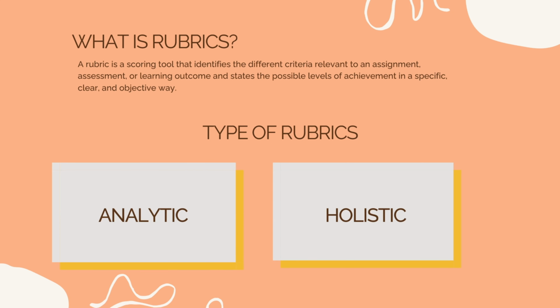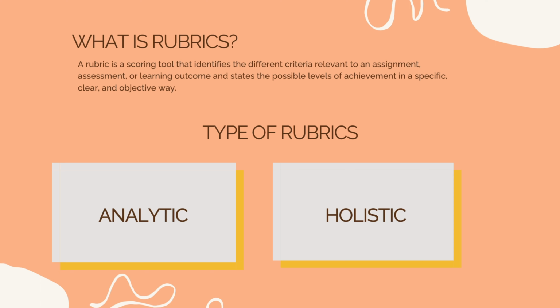Now, what is a rubric? A rubric is a scoring tool that identifies the different criteria relevant to an assignment, assessment, or learning outcome, and states the possible levels of achievement in a specific, clear, and objective way. Rubrics are used to assess project-based student work, including essays, group projects, creative endeavors, and oral presentations.